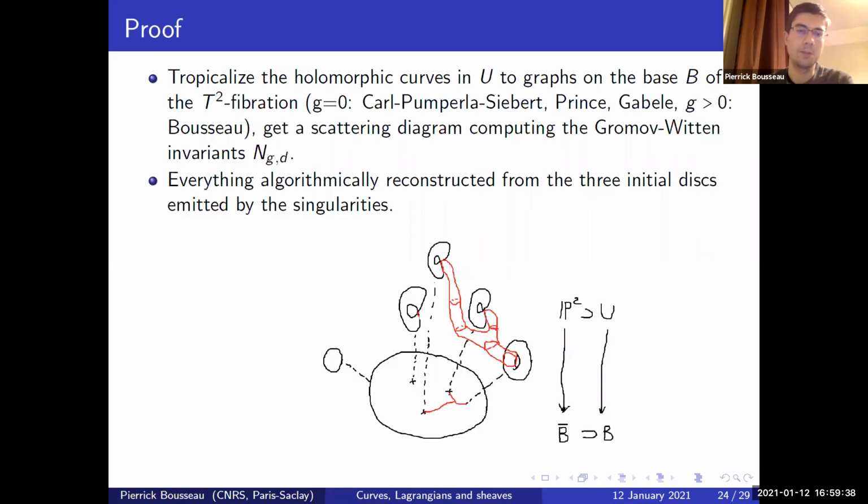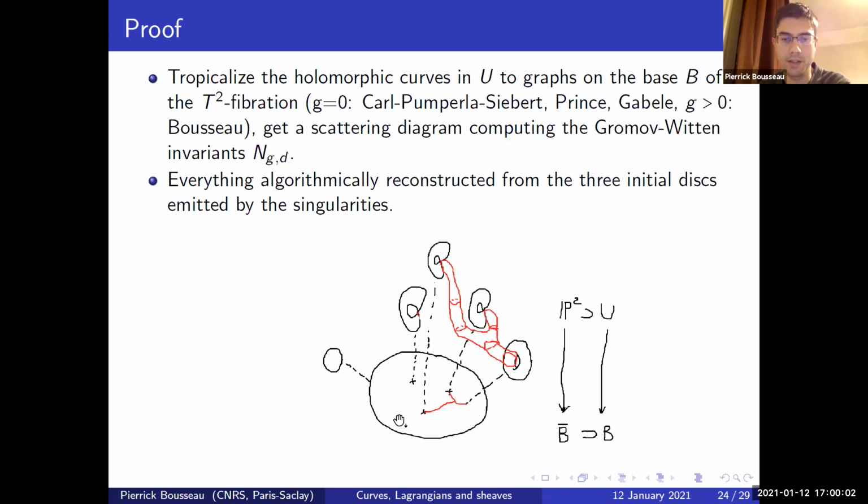And as I said, the proof somehow does not use the whole sequence of geometric correspondences I presented before. The proof goes through essentially tropical geometry. The idea is that you can tropicalize holomorphic curves in U, in this torus fibration, into some kind of graph on the base of this torus fibration.